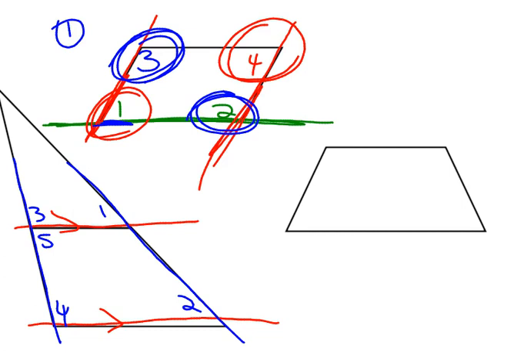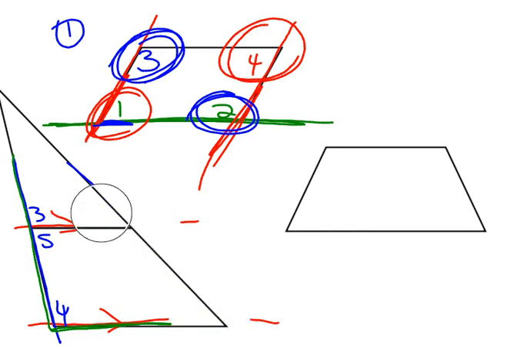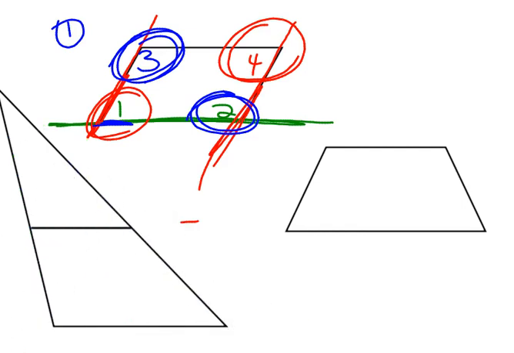Now, something good to note. See how these 2 angles, 1 and 2, are both created using the red lines and that blue line over there? I want you to notice 1 and 4 have no connection. 4 is created using this line and this line.